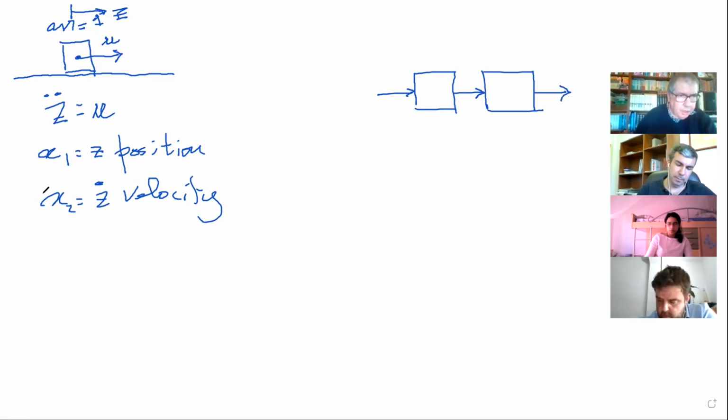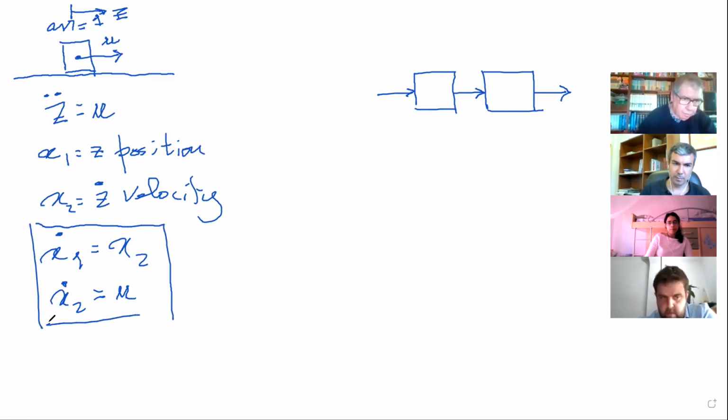Now, the equations are what? So x1 dot is Z dot, but Z dot is x2. So x1 dot is x2, and x2 dot is Z double dot, which is U. Okay, so these are my equations.